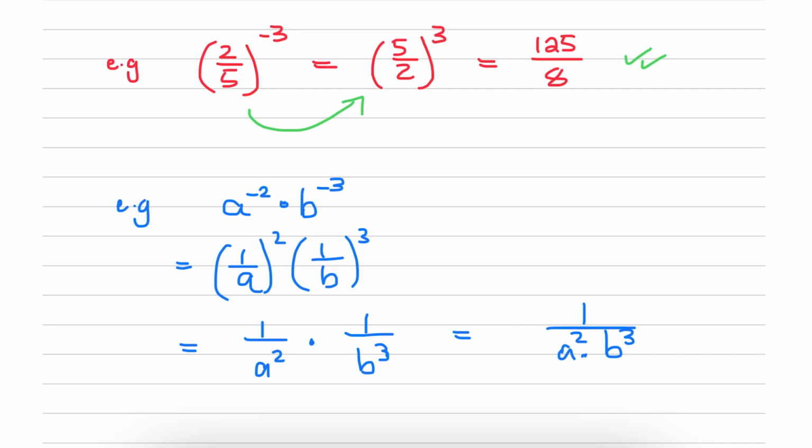Now, if we take a quick look, what happened from here, a to the power of negative 2 being a numerator, to a to the power of positive 2 being a denominator? Even if you look at the next one, b to the power of negative 3 numerator, and then b to the power of positive 3 denominator. You can see that all what happened was it went from the numerator to a denominator. Okay, so it changed its position.